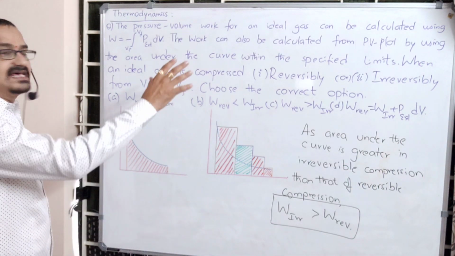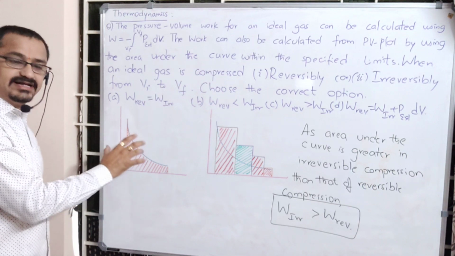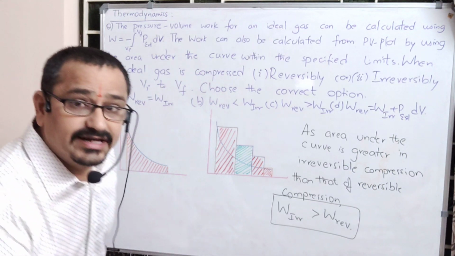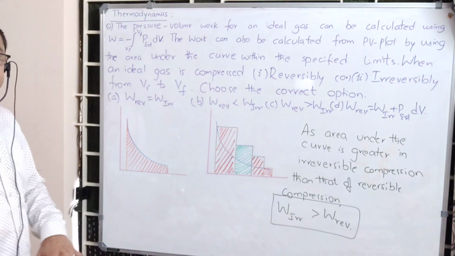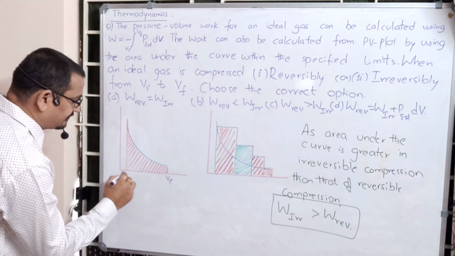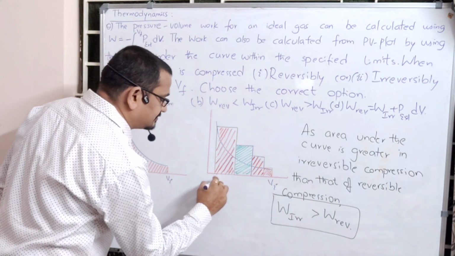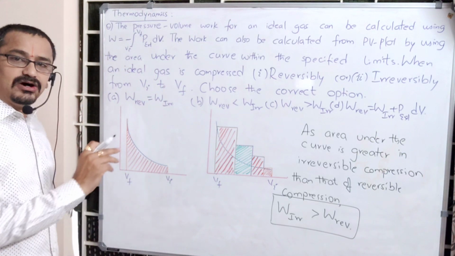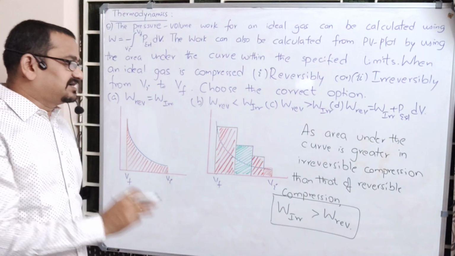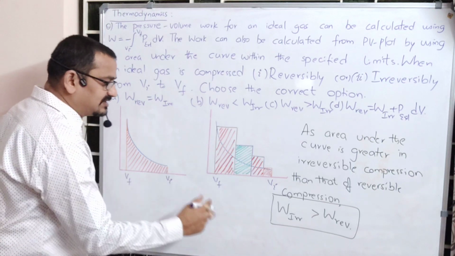So actually, as per the lines given in the question, the work done in this process can be expressed within the limits. See, in this compression it is V initial to V final. Even here also V initial to V final. From these two plots, we can understand that the area under the curve is greater in the case of irreversible compression.